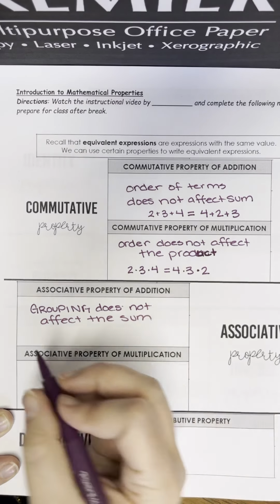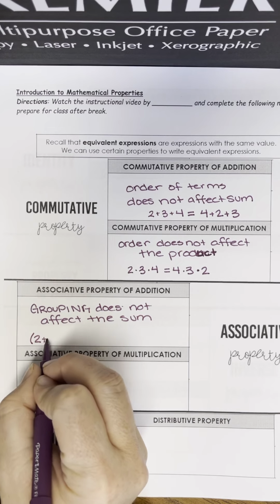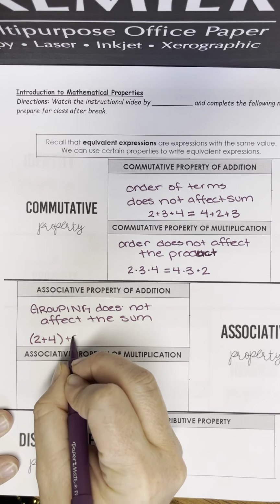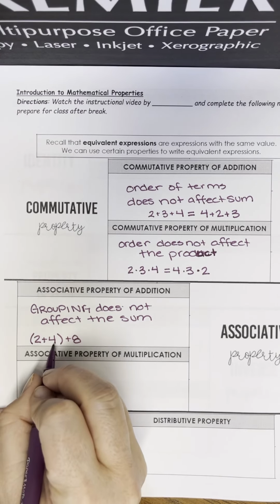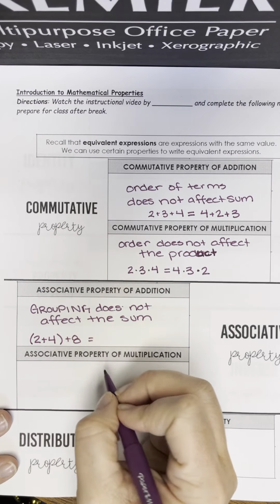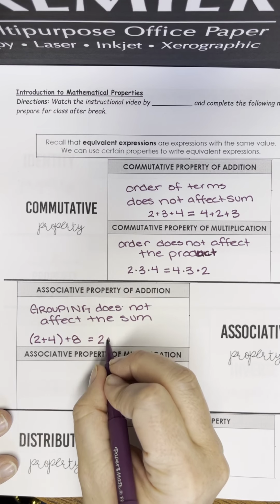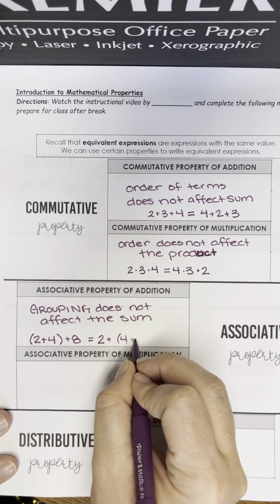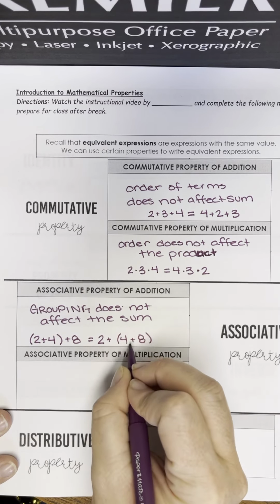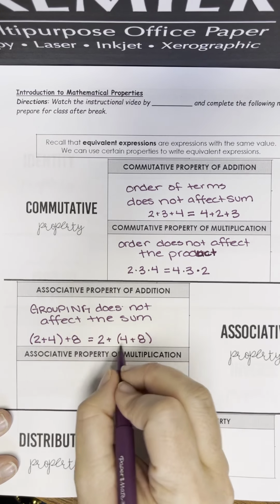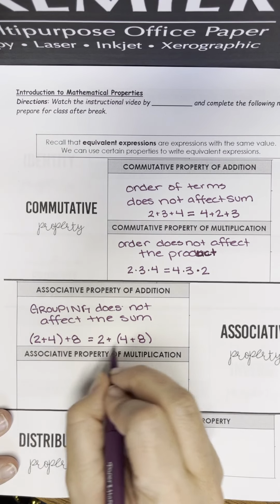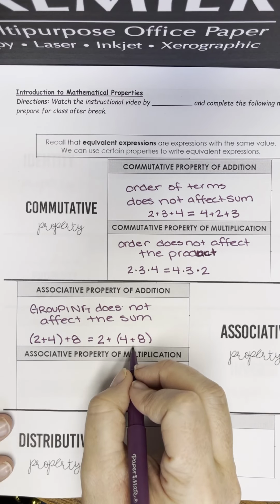So for example, we could do 2 plus 4 plus 8. And 2 plus 4 is 6, plus 8 is 14. Or we could say, well, instead of doing 2 plus 4 first, we could do 4 plus 8 first. 4 plus 8 is 12, plus 2 is 14. So either way, it is 14, but our grouping changed.